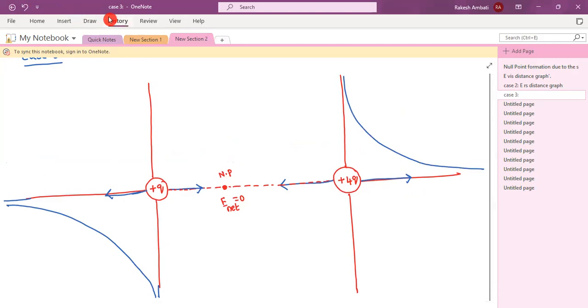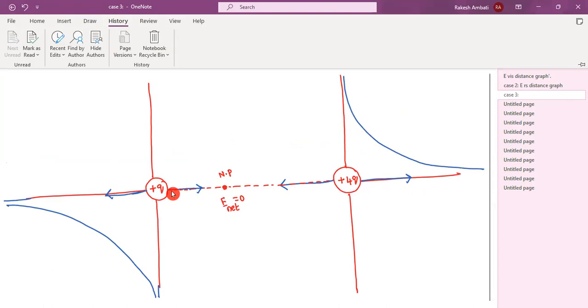Next, in between the charges. Here, due to plus Q charge, intensity is in the positive direction. If intensity is in the positive direction, we have to draw the intensity graph on the positive side.